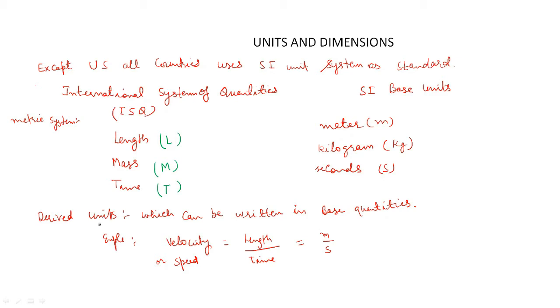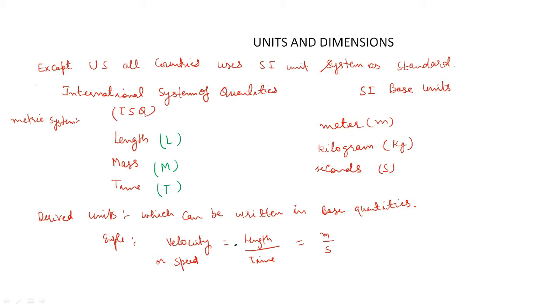Now there are other units. Those are called the derived units. The derived units can be written in terms of the units of the base quantities. Suppose here velocity or speed, you know that the formula for the velocity or speed is that it is equal to the length divided by time. You know that length is measured in meter and time is measured in second.